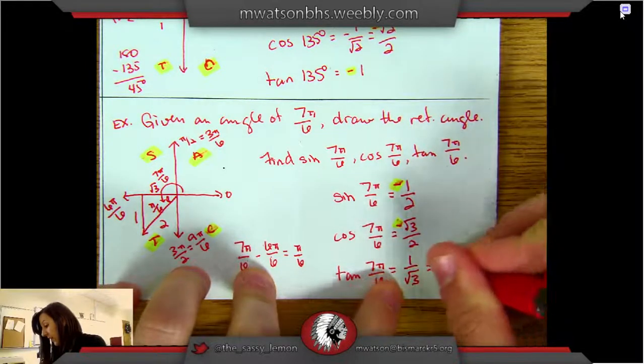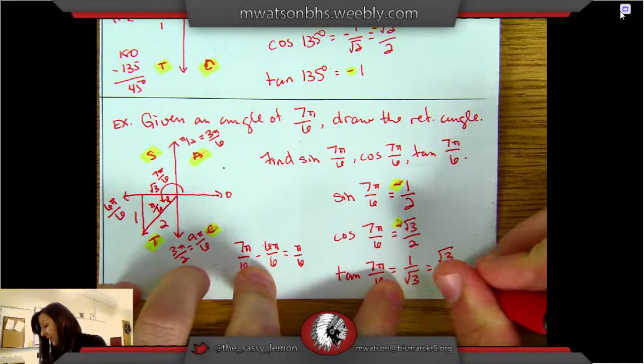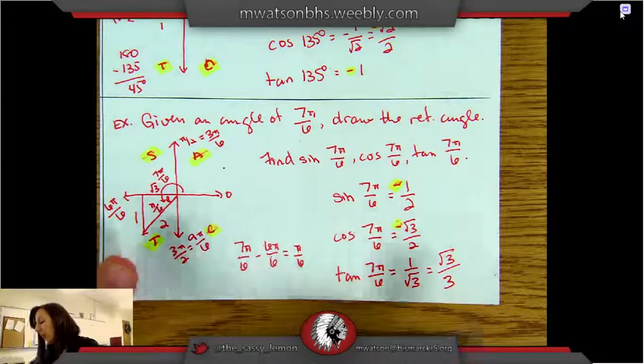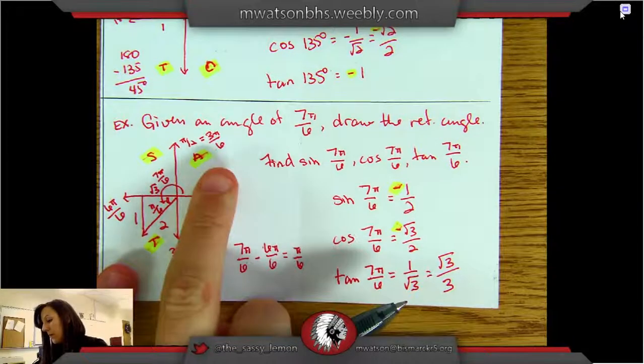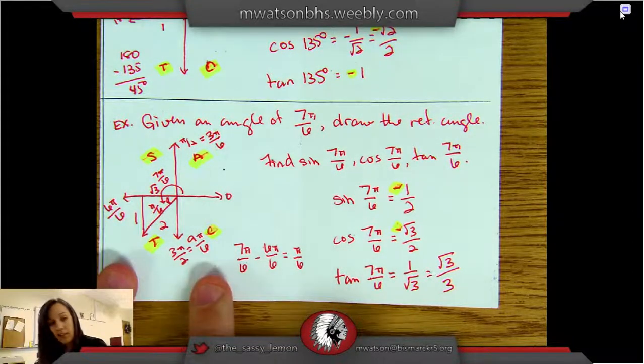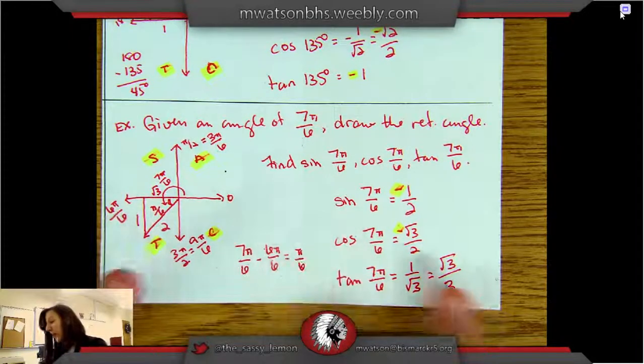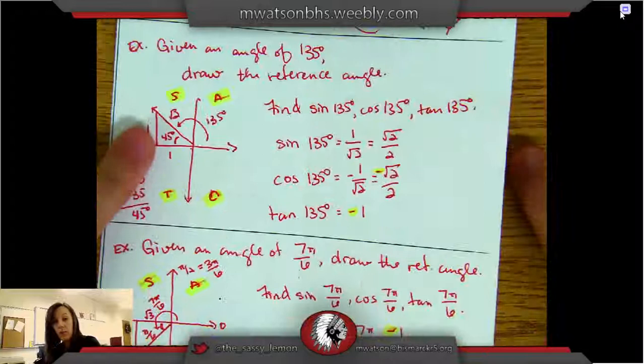Here we do need to rationalize, and we're going to get the square root of 3 over 3. And that's it. So the most difficult part here is really converting those quadrantal angles and making sure you get the right reference angle in here. And then from there, it works just like the degree problem.